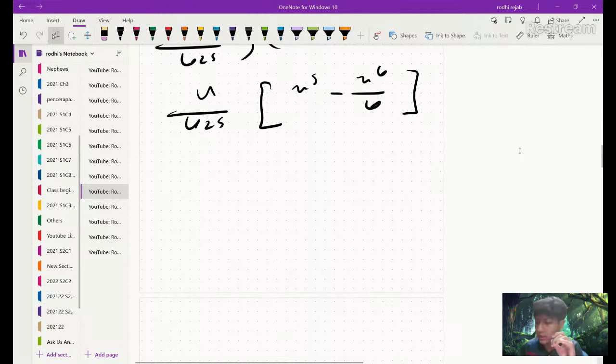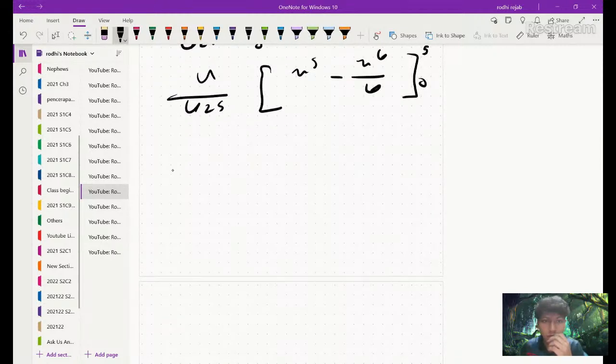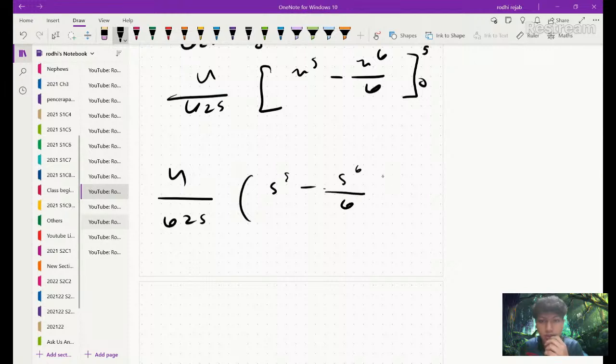So for the function, we have to substitute the values 5 and 0. Sorry. So here we will get 4/625 times (5^5 minus 5^6/6) minus 0. So we'll get 10/3.